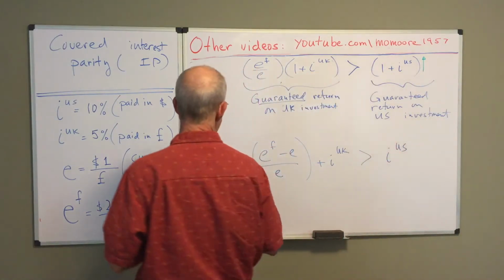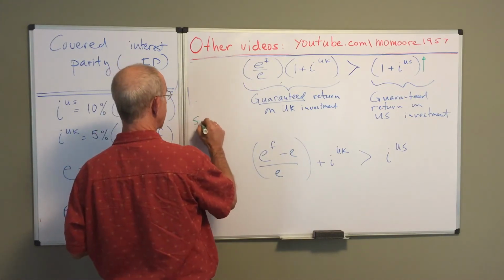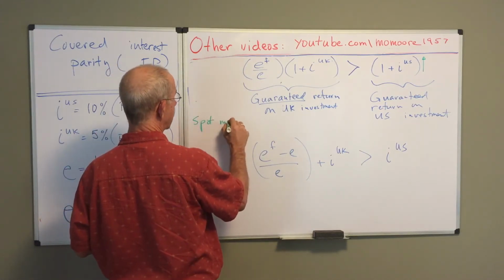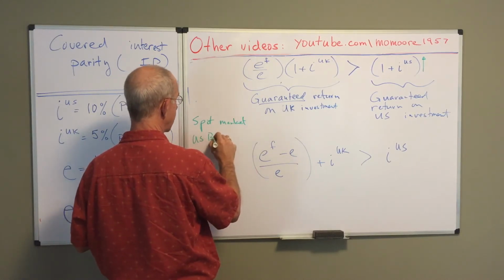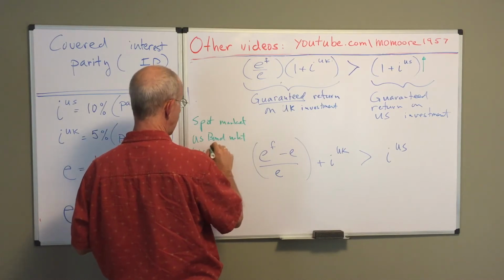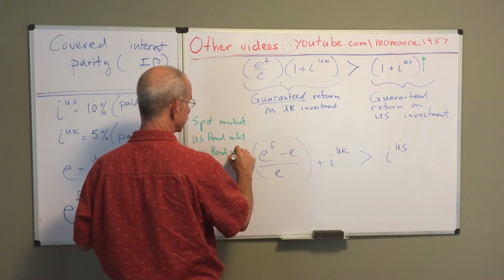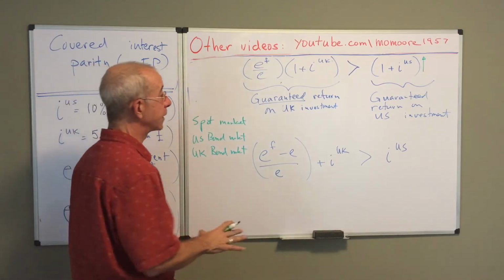Now, in the previous video on uncovered interest parity, we talked about the effect on the spot market, the US bond market, the UK bond market. And let me just review those briefly.